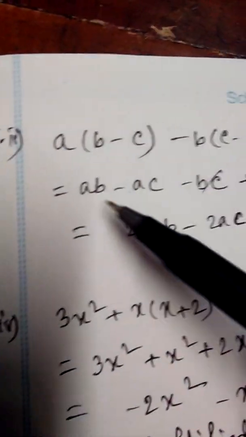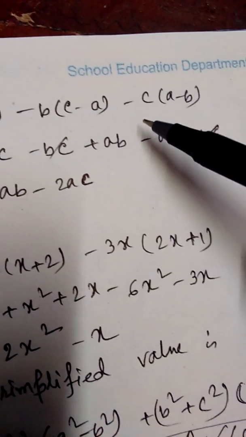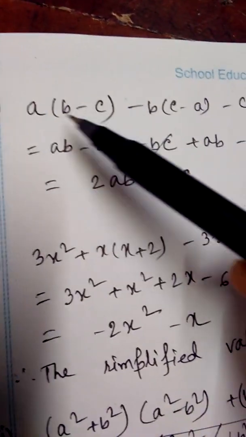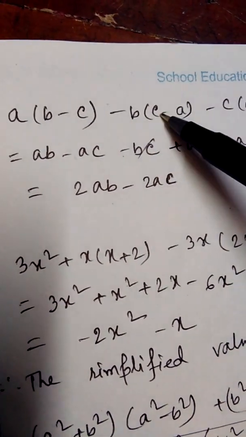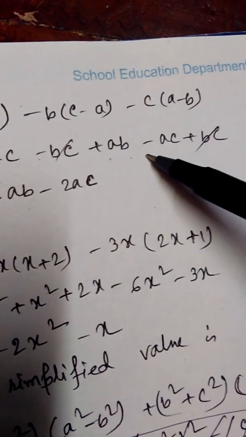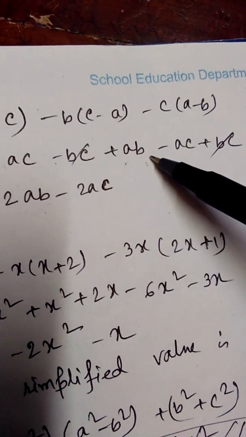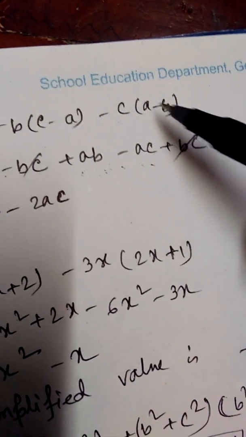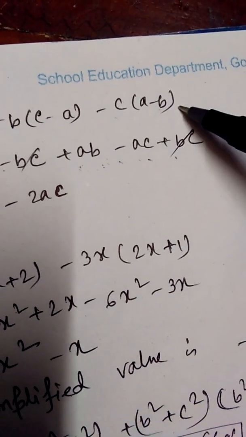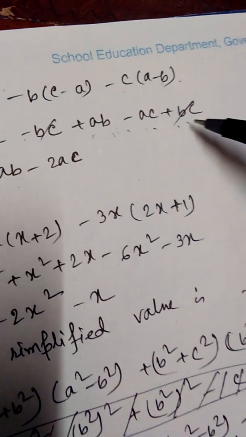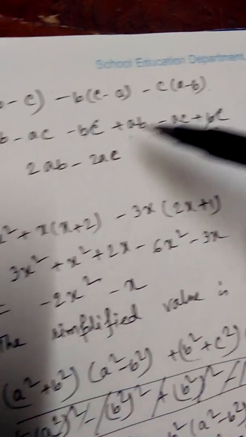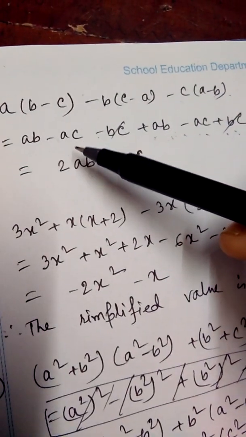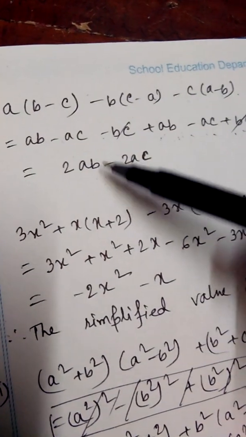Question number 2 of 5: a into b minus c, minus b into c minus a, minus c into a minus b, equal to ab minus ac minus bc plus ab, and ba and ab terms are the same, minus ca that is minus ac, and plus cb that is bc, so minus bc plus bc are discarded. After simplification we get ab plus ab, that is 2ab, minus ac minus ac, that is minus 2ac.